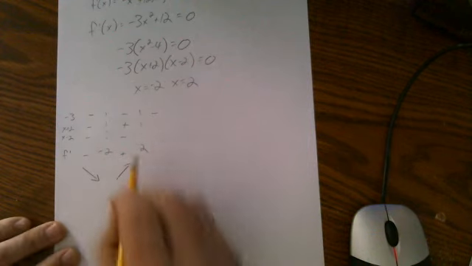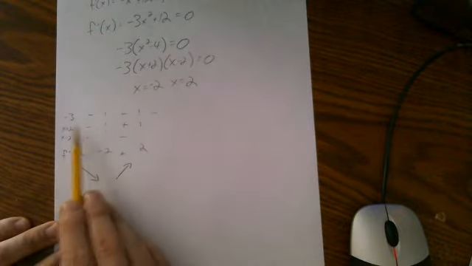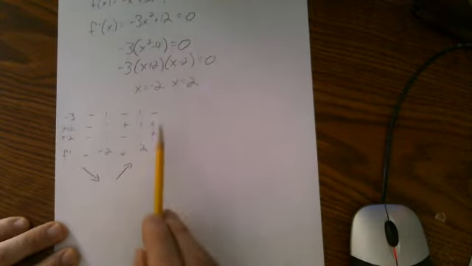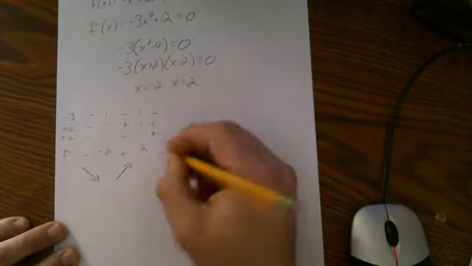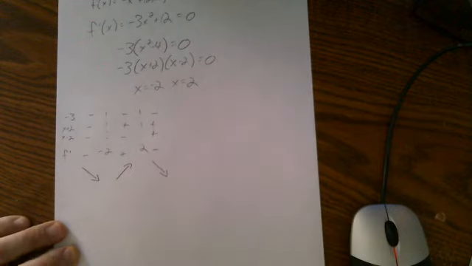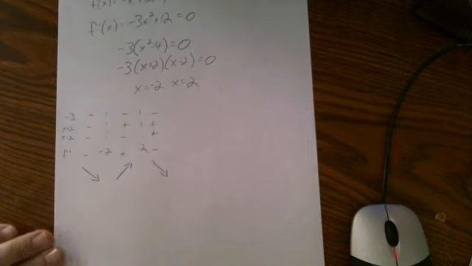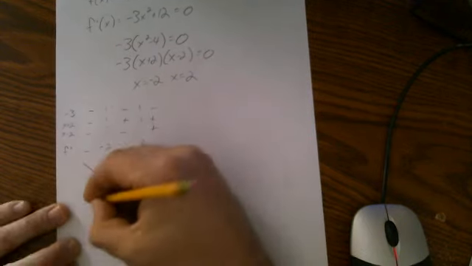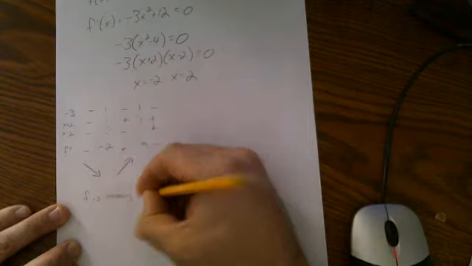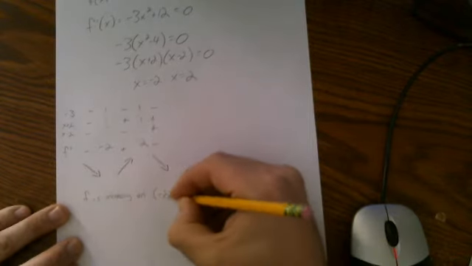Let's plug in a number greater than 2. We already said that negative 3 is a negative factor. Plug in 3, positive and positive. Well, a positive times a negative is a negative, which means the function is decreasing there. So f is increasing on the interval negative 2 to 2.